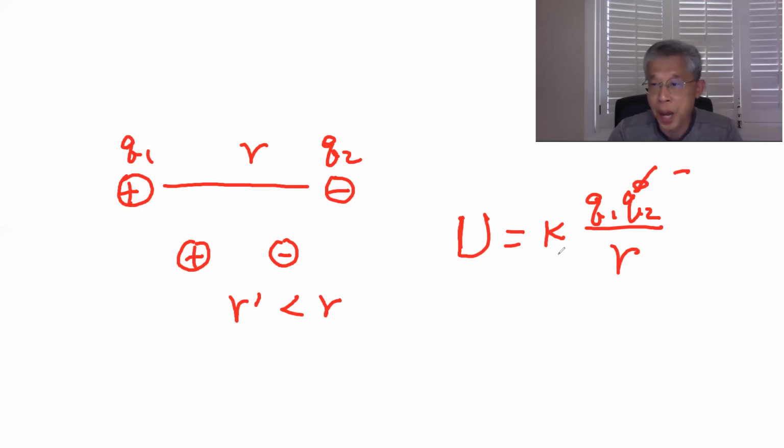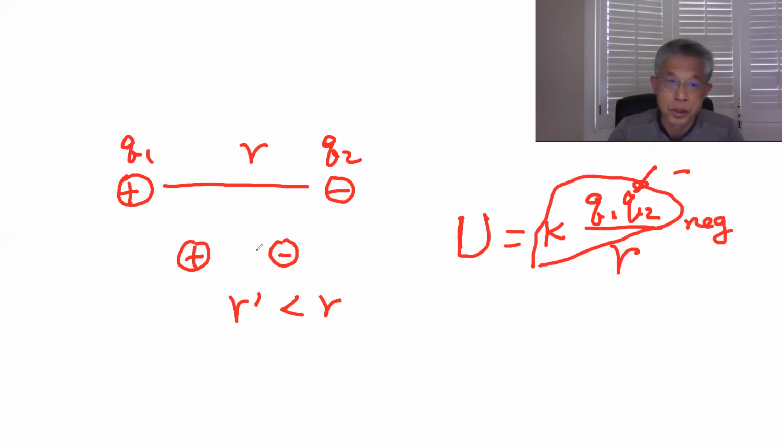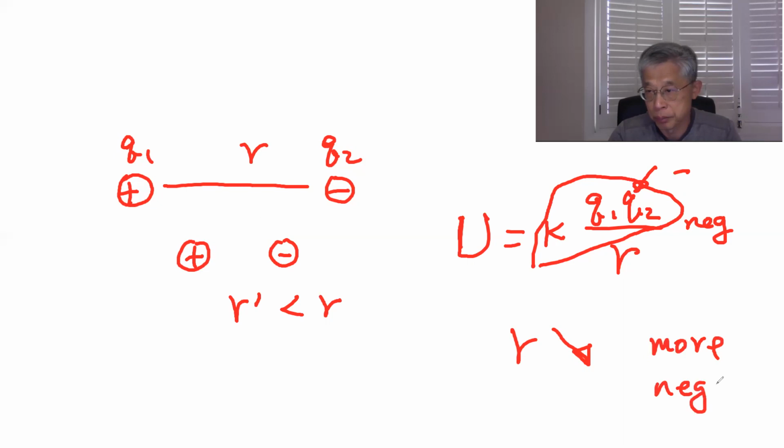So the top is going to be negative. As R becomes smaller, from here to here, and because the numerator is negative, it's going to become more negative. For example, you go from -1 to -10. The denominator is smaller, so that's a bigger number, but more negative.